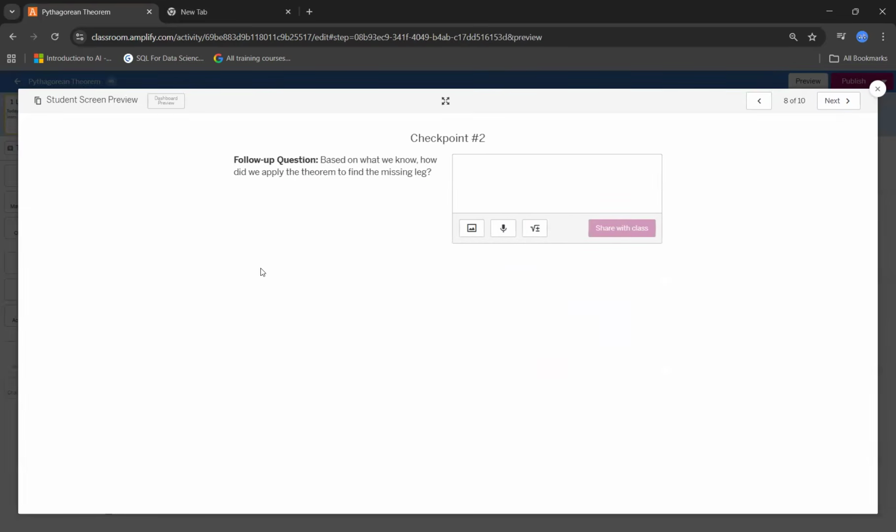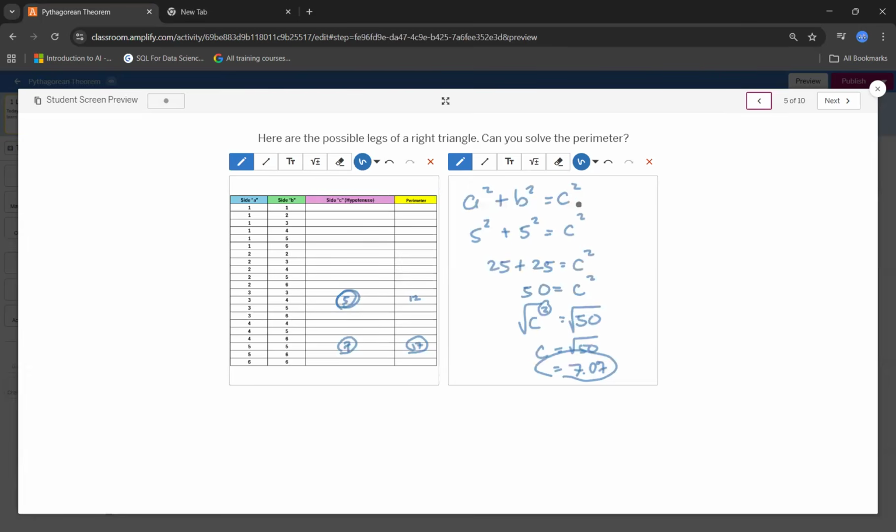So based on what we know, how did we apply the theorem to find the missing line? So one thing we know is, as you have noticed, if the c is missing, we are adding the a and b, then we get the square root of it.